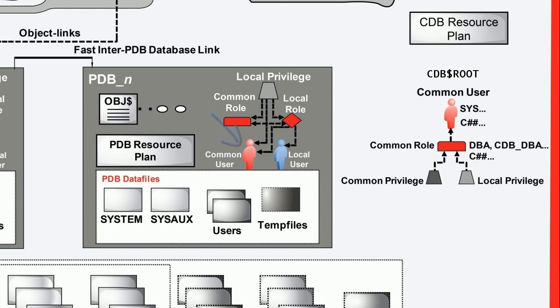There are two types of common users. First one is Oracle supplied common users, such as sys and system. Second type are user created common users. They must be prefixed with the C## symbol. These common users exist in each container, CDB and PDBs.